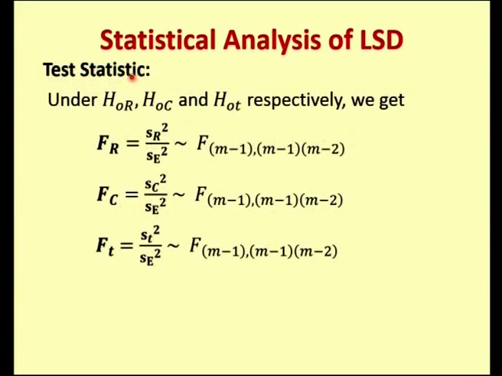To test the null hypothesis, we define the test statistic F_r equal to the mean sum of squares due to rows divided by the mean sum of squares due to error, and it follows the F distribution with m minus 1 and (m minus 1)(m minus 2) degrees of freedom. Also for columns we have s_c squared by s_e squared, which again follows the F distribution with m minus 1 and (m minus 1)(m minus 2) degrees of freedom, and F_t is also given.